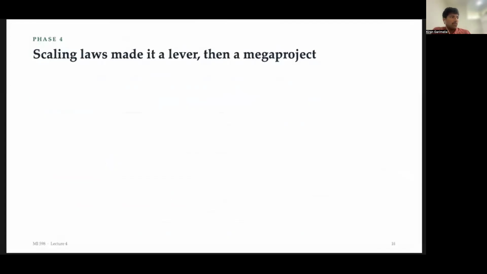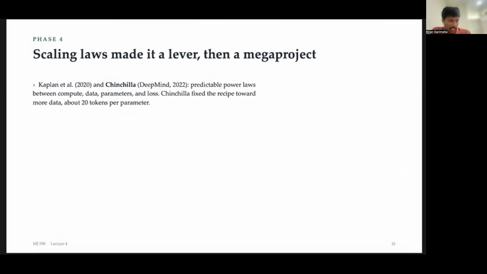Okay, so scaling laws. Because of this, there was this sort of rush to put more data and more compute into these sorts of general purpose technologies. And we saw this last time, the scaling laws paper and the Chinchilla paper, which related compute, parameters and data.